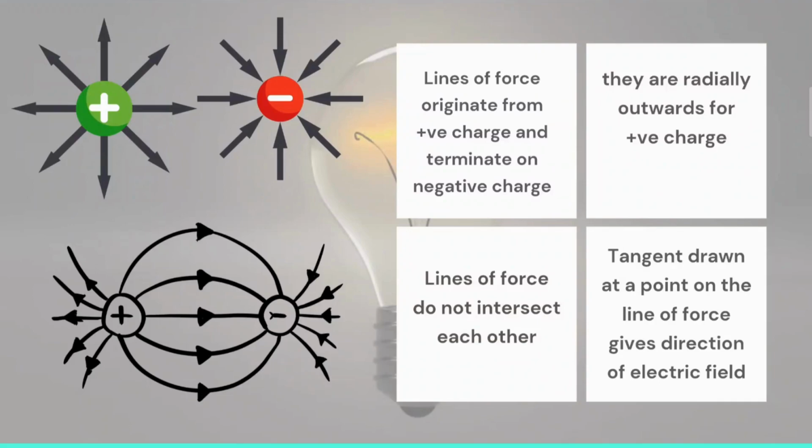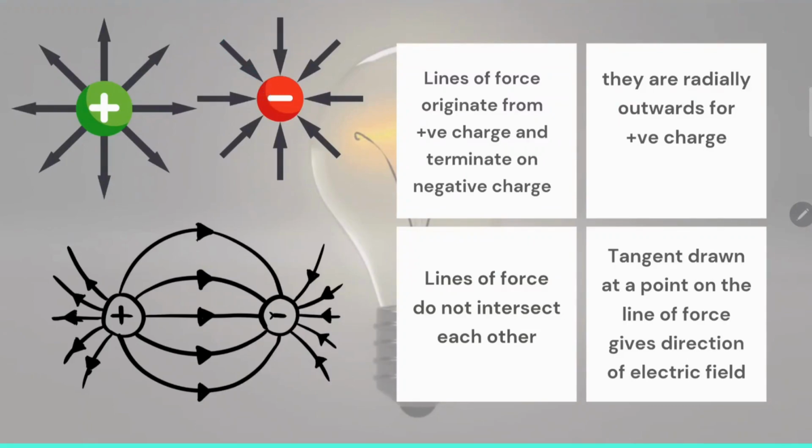This statement is very important, my dear. You can rewind it and listen once again. That is, the direction of the electric field is the direction of force experienced by a test charge near the source charge. The test charge will experience force away from the positive charge, and towards the negative charge.